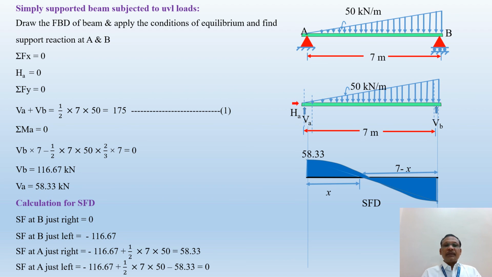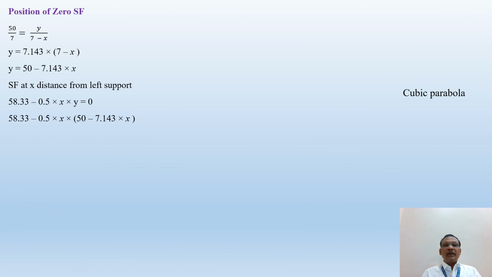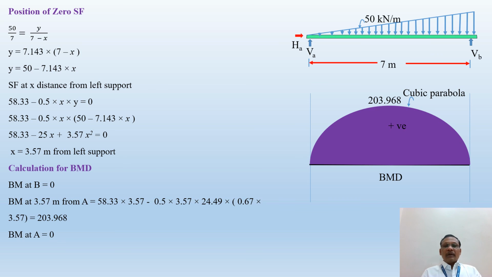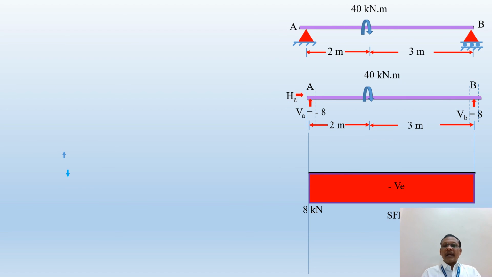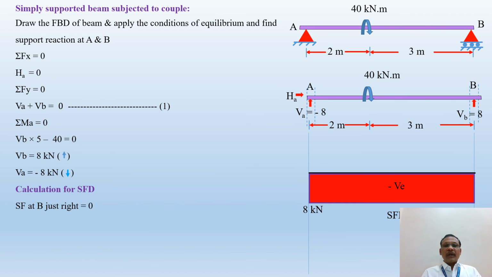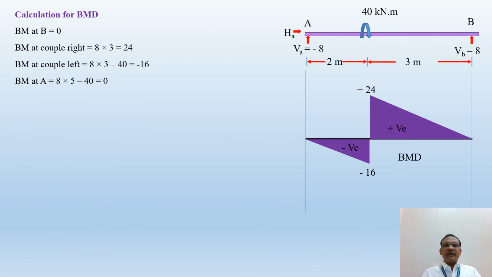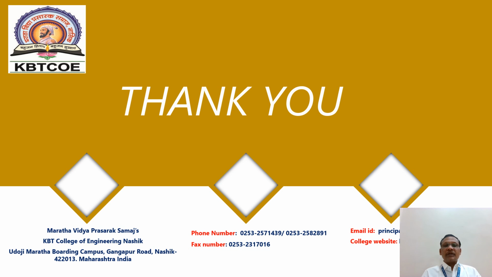And the last one, how to draw the shear force and bending moment diagram for the simply supported beam subjected to a couple. We are going to cover this in the next topic.